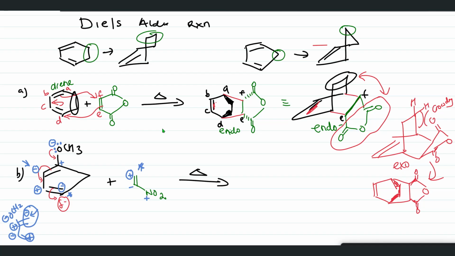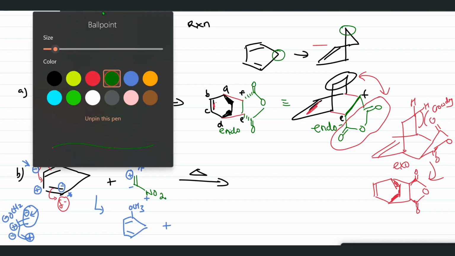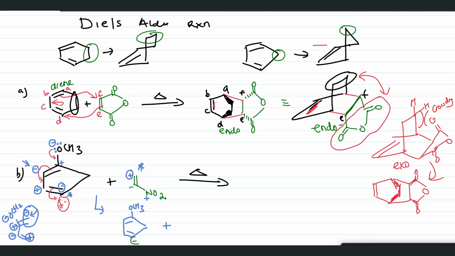But since these are opposite, that's a problem, so you'll have to flip the dienophile so that the negative one and the positive one will be real close. That way you're going to get an ortho product, but a bicyclic, because the diene is a cyclo.